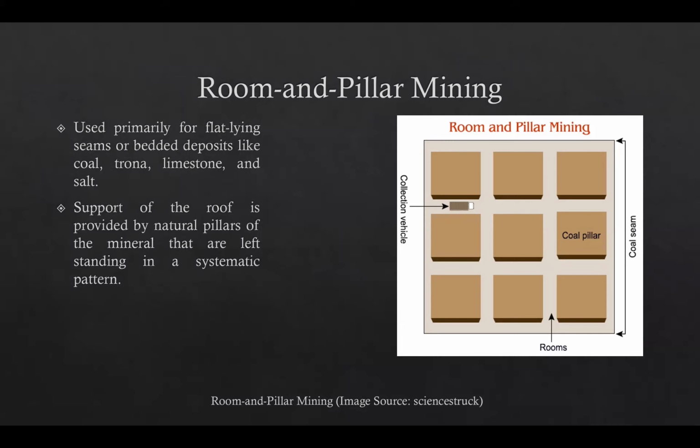Support of the roof is provided by natural pillars of the mineral that are left standing in a systematic pattern, like we can see in this picture. The size of the pillar and the size of the room, which is this opening here, can be different for different materials based on the strength of the material.